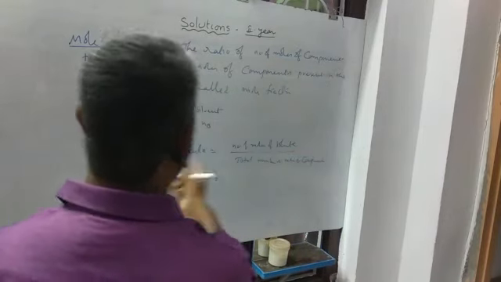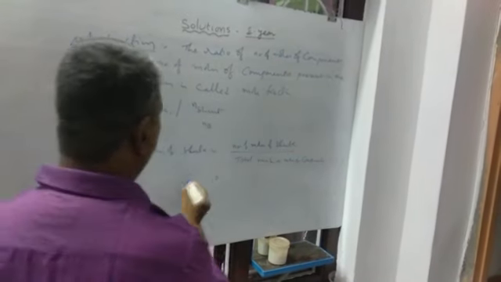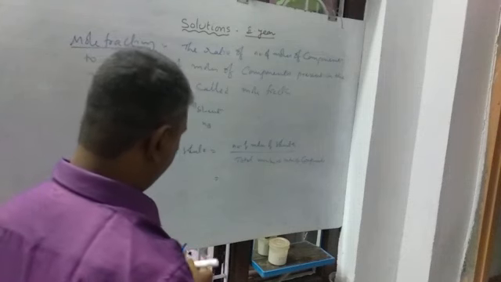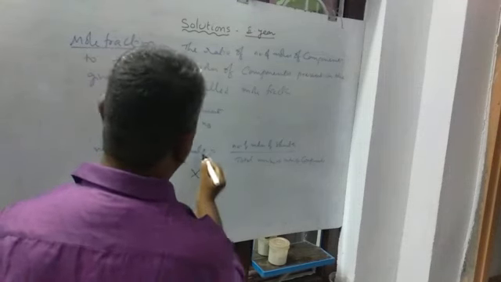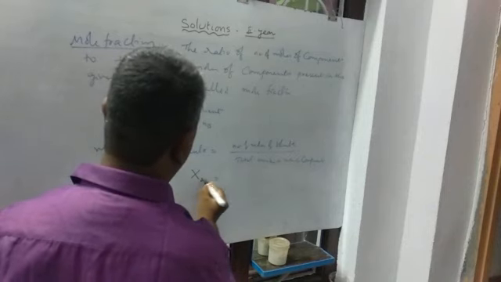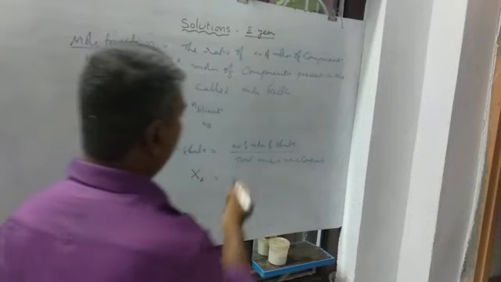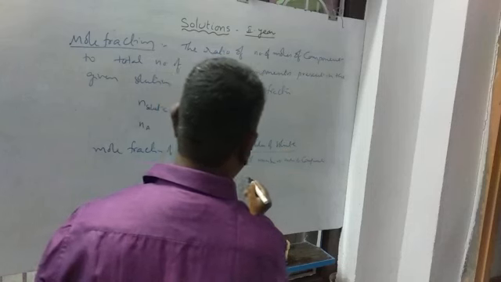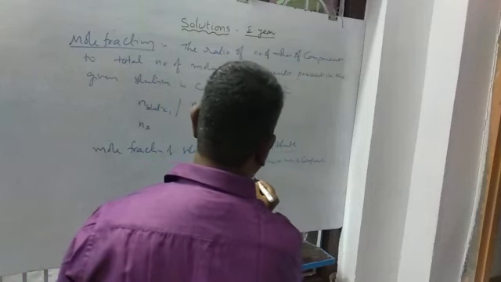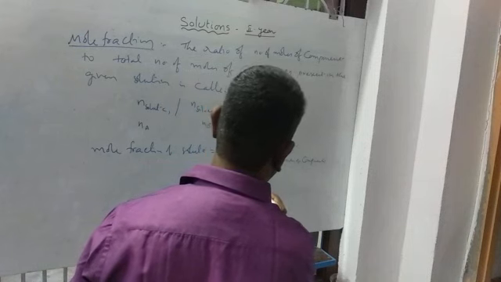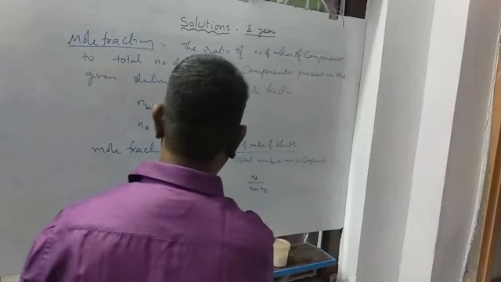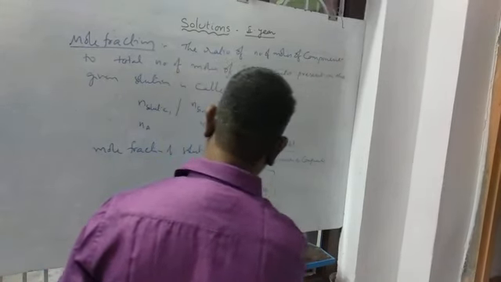So the mole fraction of a solute is generally represented with capital X, with subscript A. So what is the formula? Number of moles of solute Na by Na plus Nb. This is the mole fraction of solute.